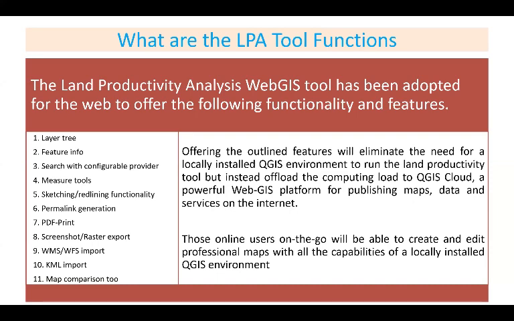Do annotations like sketching on top of what is viewed, like redlining, generate permanent links, print a PDF of the real map layout, take screenshots, but also export the output in other formats, vector or raster, to share with others on the go.